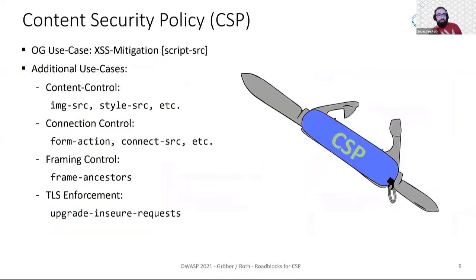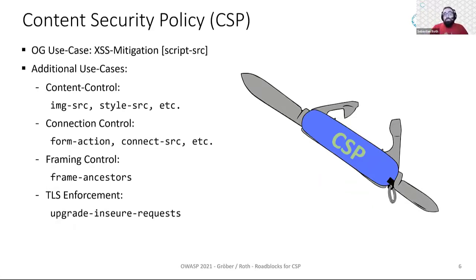But in addition to its original use case, the restriction of script content, CSP has evolved into a multi-tool for web security purposes. Nowadays, it can also restrict a plethora of other different content types, such as images, styles.